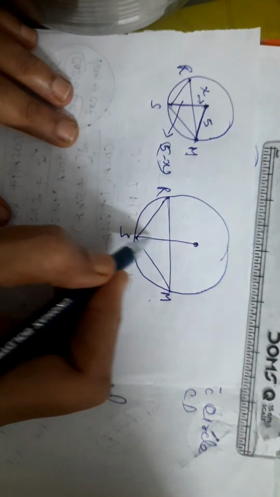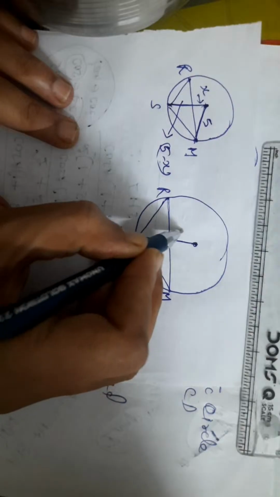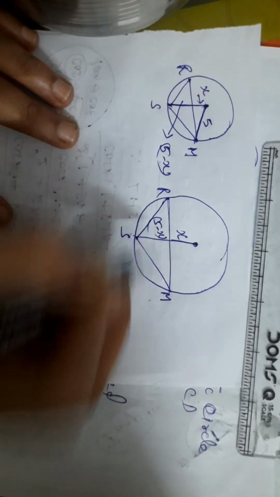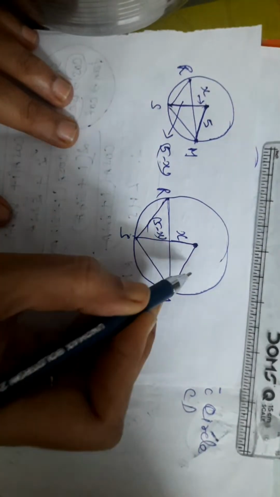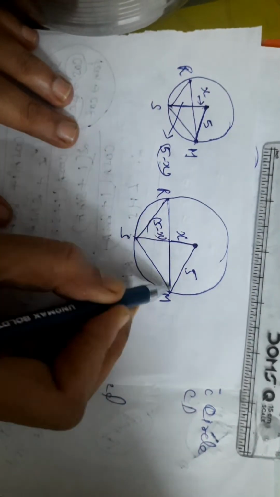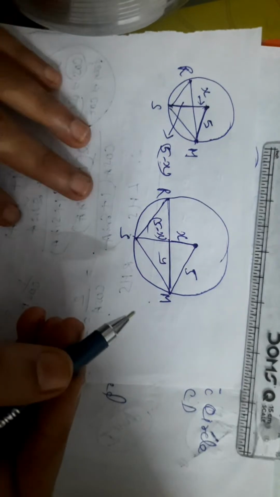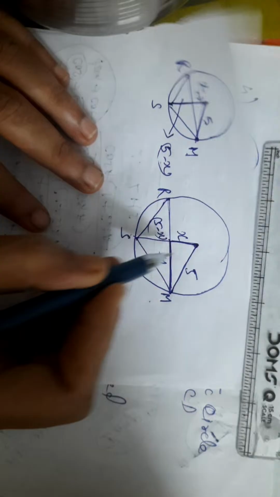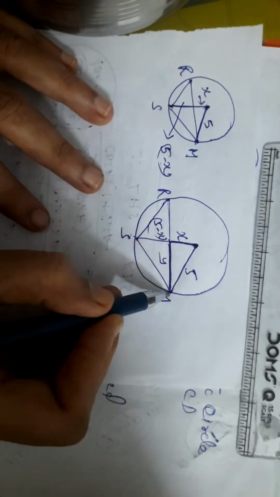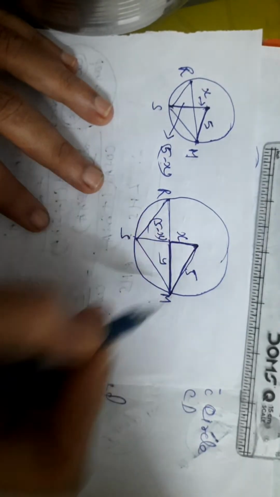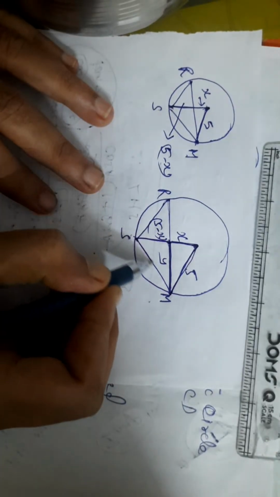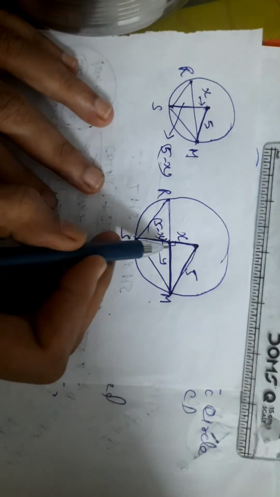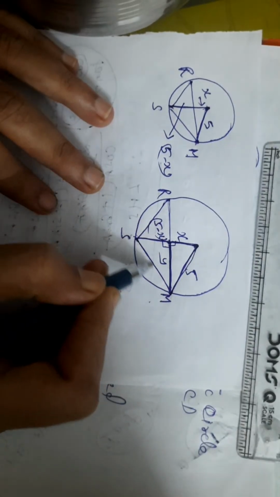So here complete is 5. If I consider this upper part to be x, this will be 5 minus x. And this is given already 5 radius. So we'll consider this part to be y. So here we are getting two triangles. One is this upper triangle where perpendicular is x, base is y, and this is given 5. And one more triangle is there at the bottom. So here this is 5 minus x, this is y, and this distance we need to find out.